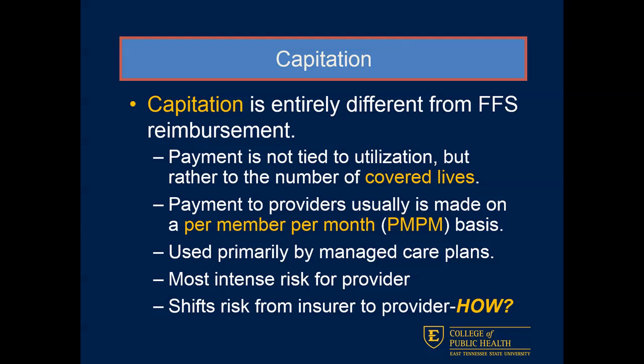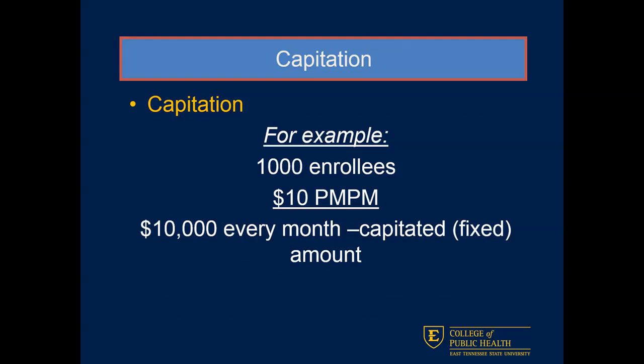So again, back to our example, 1,000 enrollees, $10 per member per month. We have $10,000 every month, which is the capitated or fixed amount. You're not going to get any more, you're not going to get any less. This is the amount you get every month through this managed care plan. So the incentive here is really for the provider to decrease the cost and decrease the utilization among his patients.